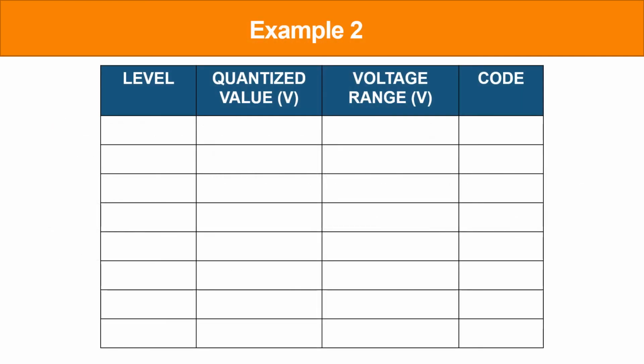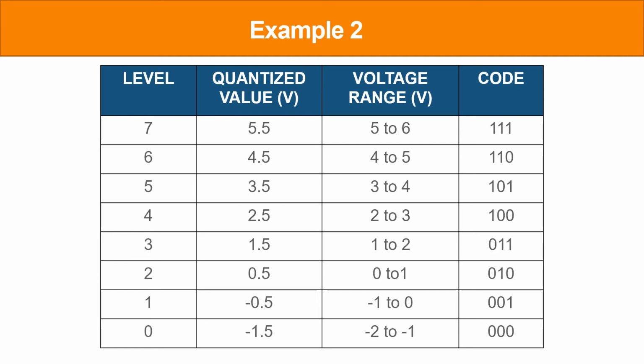Let's fill up this table: level, quantized value, voltage range, and the code that represents the binary number of the 3-bit system. We start with level 0, 000, level 1, 001, until level 7, 111.